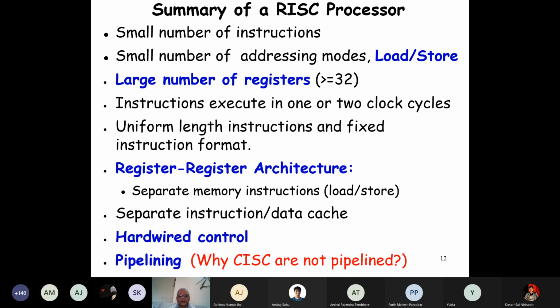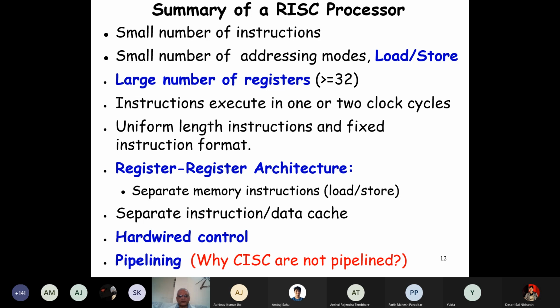And therefore, as I was saying, the microprogram, where the control also has a program which encodes the signals to be generated, was the microprogram control used in CISC processors. But here in the RISC processor, we have hardware control, very fast.